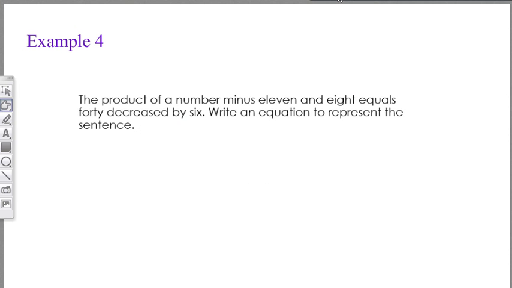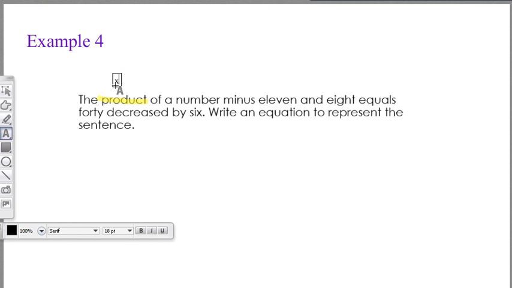Last but not least, going through a word problem here where we have to write a sentence as an equation. It says the product of a number n minus 11 and 8 equals 40 decreased by 6. Write an equation to represent the sentence. To start, product, that key word, tells me that I'm going to be multiplying.